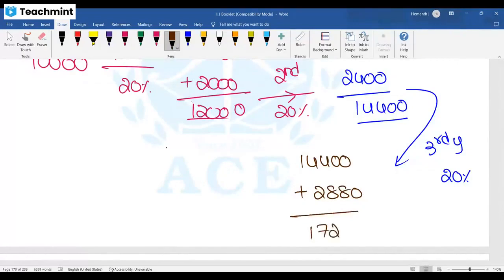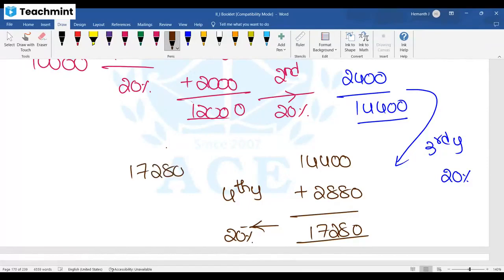Is it double? No. 3 years completed. Next, fourth year, what is the rate of interest? 20%. 17,280, 10% is 1,728, 20% is 3,456. You can see it's more than double.